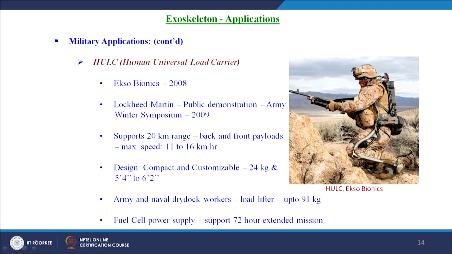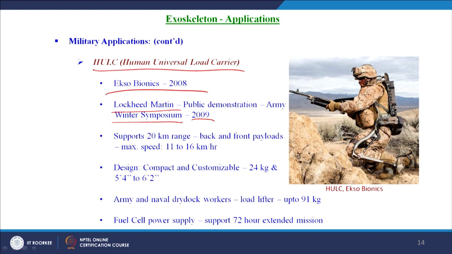We see the first exoskeleton here under the military applications concept is the HULC, that is Human Universal Load Carrier, which was developed by Ekso Bionics in the year 2008. In the year 2009, it was publicly demonstrated by Lockheed Martin in the Army Winter Symposium held in the US.